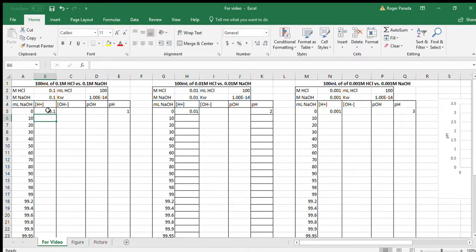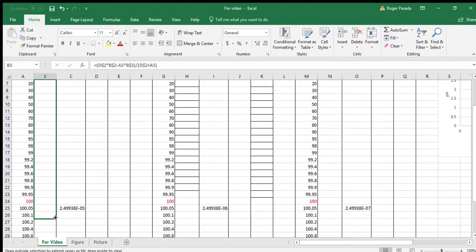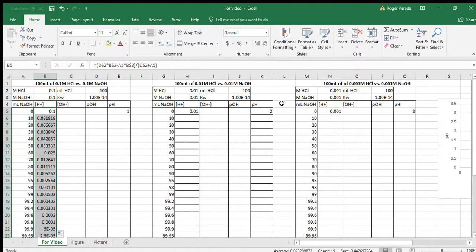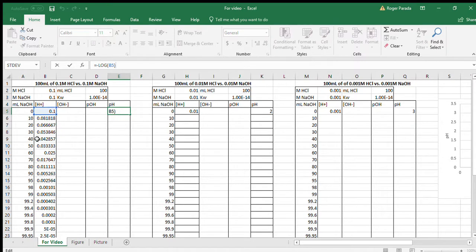So we have our value here, and we drag it down until we get to 99.95, and then we have our pH, and our pH is simply the negative log of our H+ value. Then grab it by the corner right here, click, drag down.